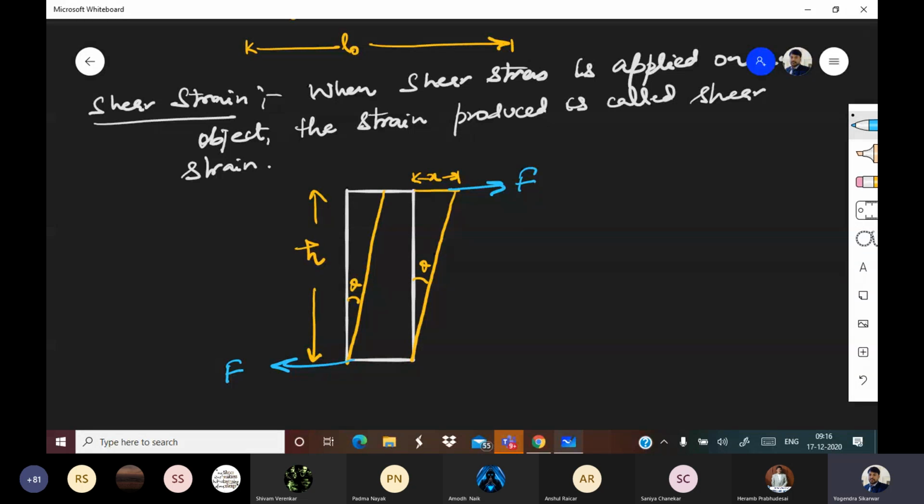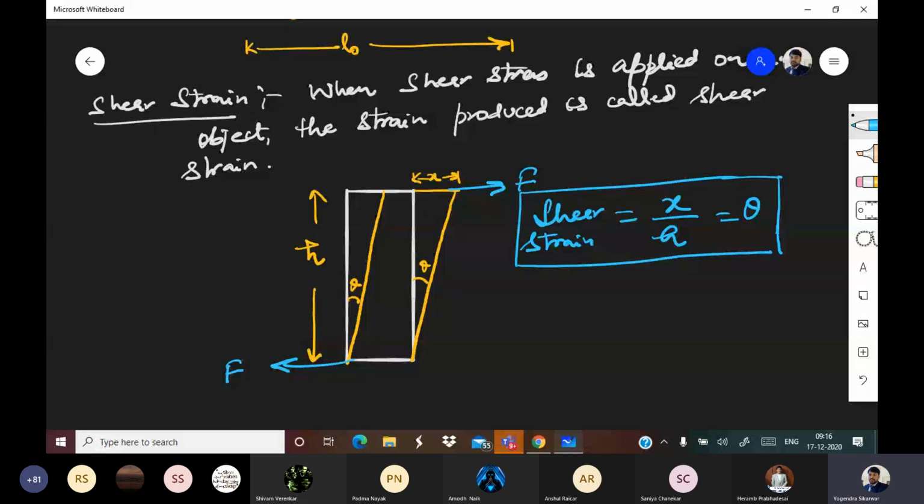Okay, so shear strain is equal to x upon h. And actually that is theta, because when the angle is very small, tan theta is equal to theta. X upon h is nothing but tan theta.